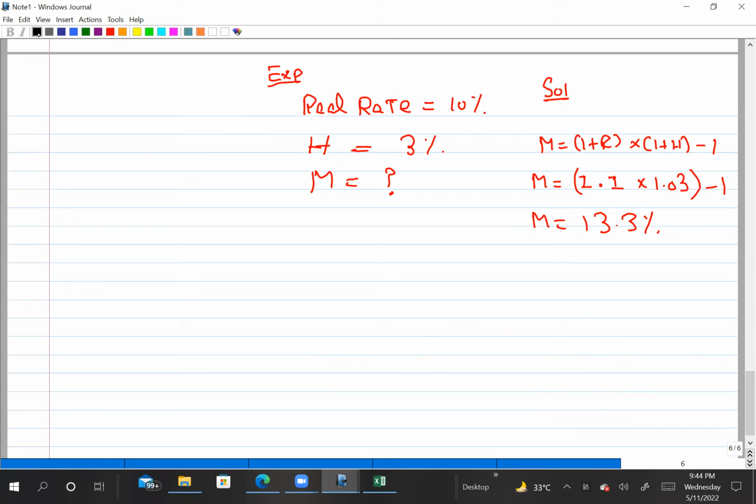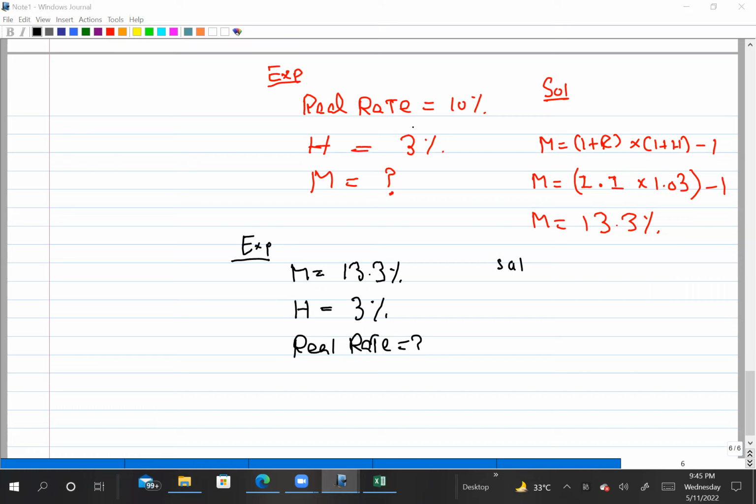Similarly, if I tell you that M is 13.3%, inflation is 3%, and I want to know the real rate, again for that purpose we can use the Fischer effect.